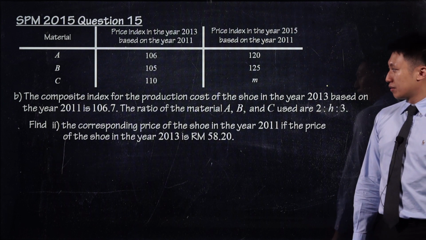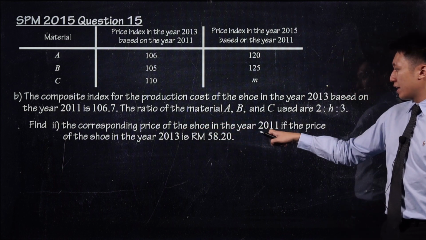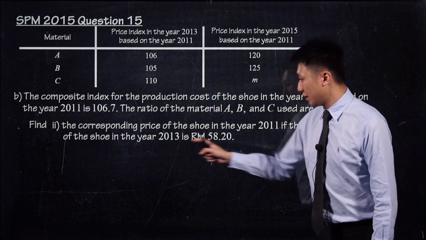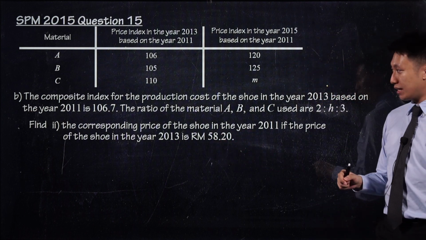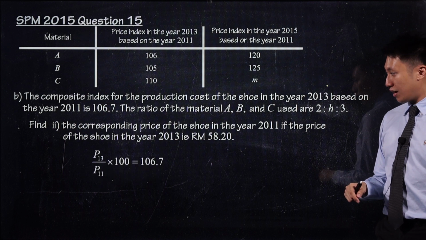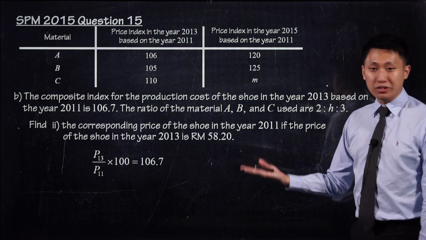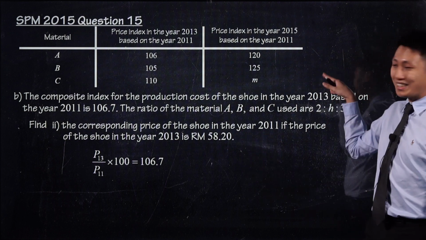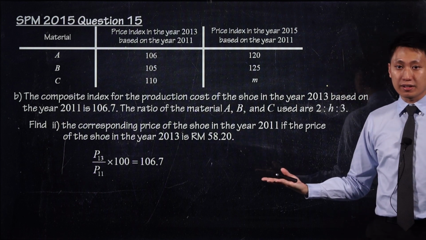Okay, next one. So you have this one. The corresponding price of the shoe in 2011 and 2013 is 58.20. Based on what you found just now, you actually don't even need the weightage anymore, right? Because you have the composite index and you have the price, you can solve it immediately.